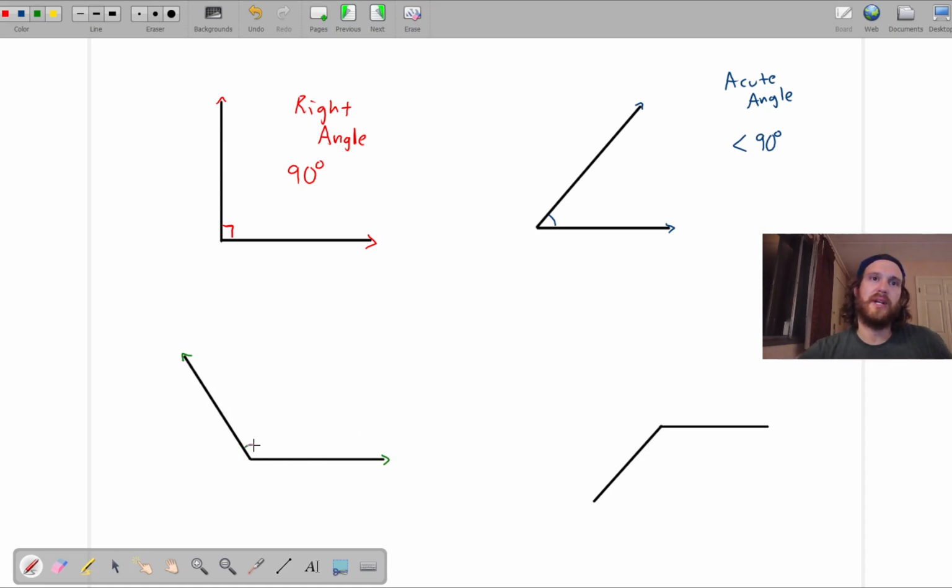An angle that's bigger than 90, we would call that an obtuse angle. Obtuse angles are greater than 90. So equal to 90 is right, less than 90 is acute, and greater than 90 is obtuse. Or like, Mr. Slagle, quit being so obtuse. You're obtuse.